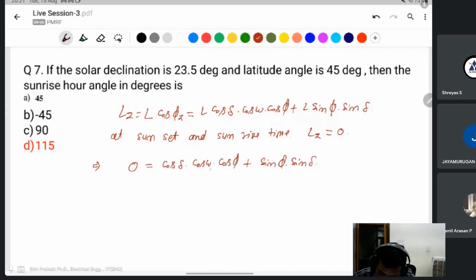This will be the sunrise time, SR. cos delta into cos omega SR into cos phi is equal to minus sin phi into sin del.